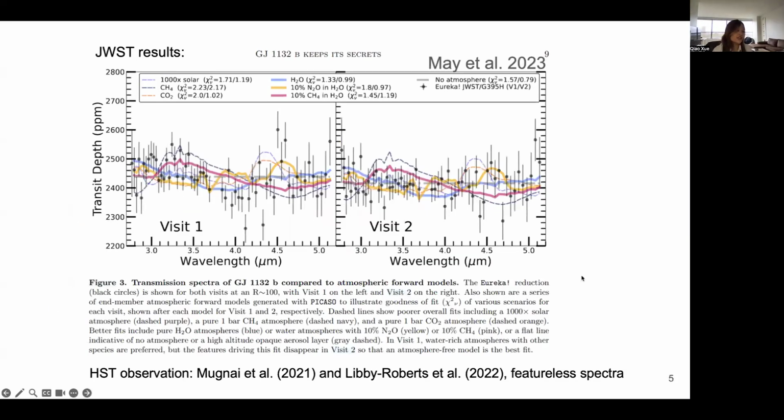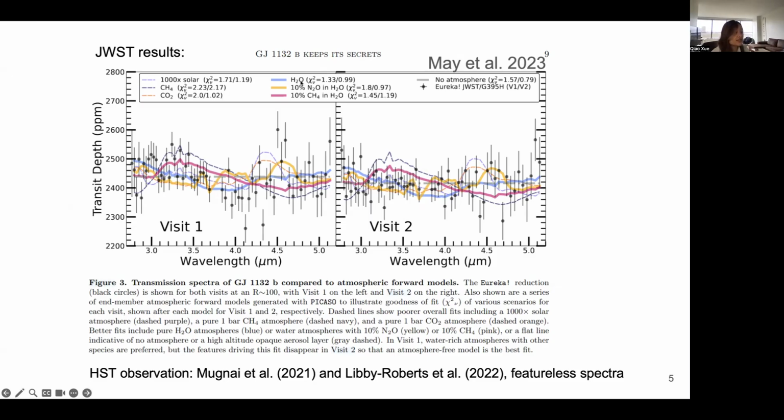And previously, there were two primary transit observations obtained by another JWST instrument, NIRSpec, by May et al. 2023. And on this slide, I showed the transmission spectra from their two visits. But unfortunately, the two visits are inconsistent.